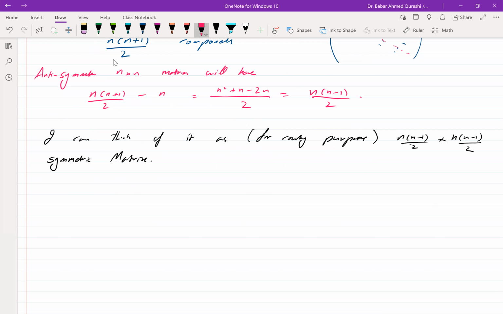If it's a symmetric tensor with n(n-1)/2 components, it will have the same formula, half times N, but the N in this case is n(n-1)/2, times the same number with a plus 1.